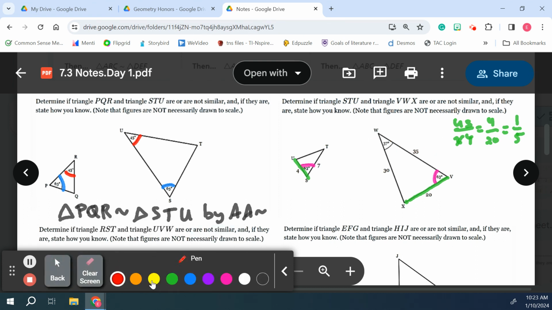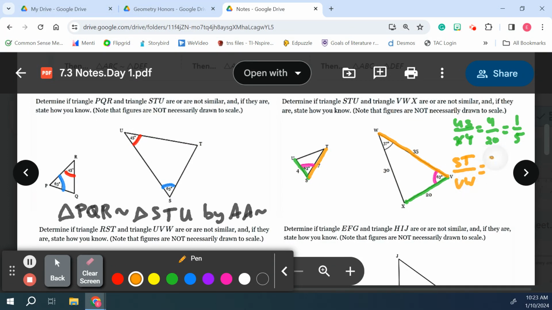All right, now for the next one, we're going to see if these are, again, equivalent fractions or they're proportional. So we're going to look at ST and we're going to look at WV. Whatever I start with here, I did the little triangle over the big triangle. I've got to continue that process. So I'm going to have ST over VW.